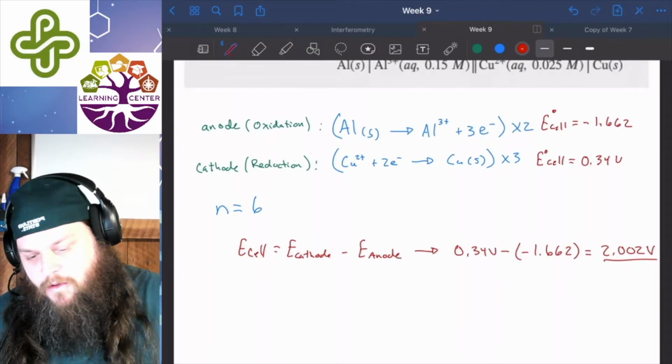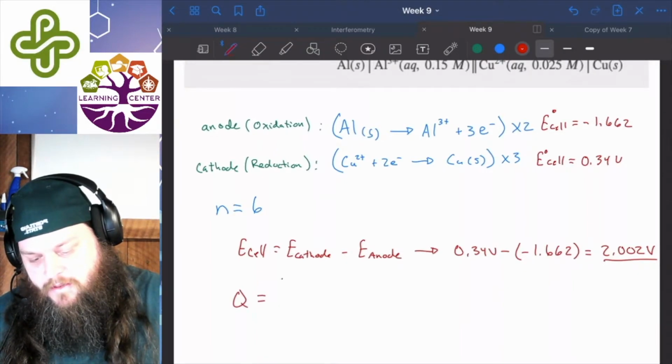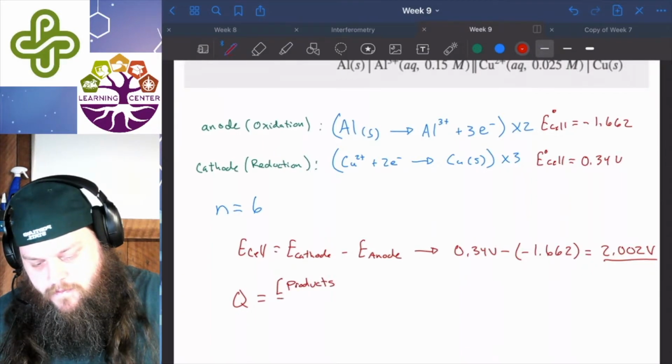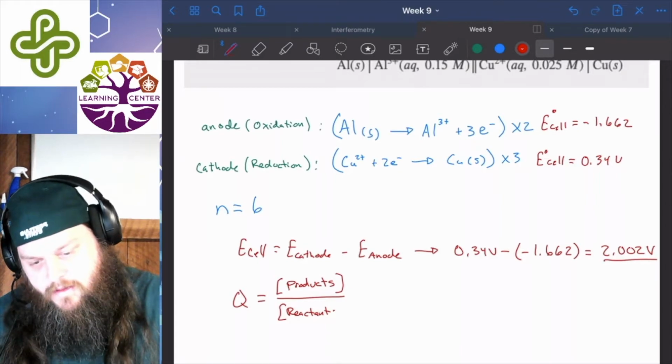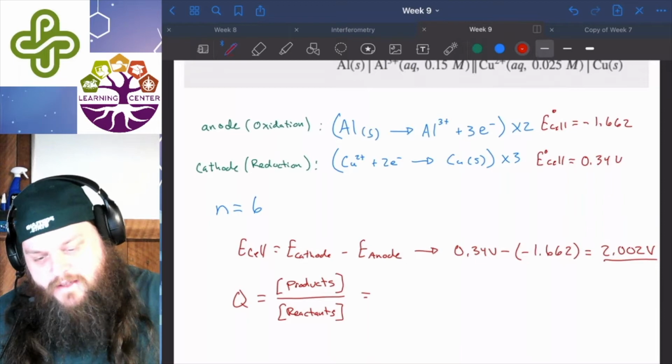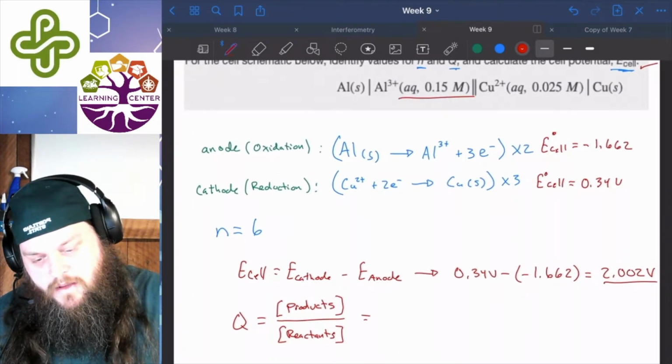So Q is going to equal the concentration of the products divided by the concentration of reactants, which in this case they give us here and there.